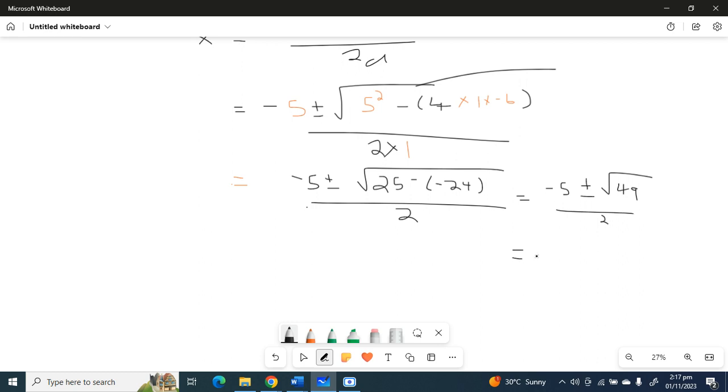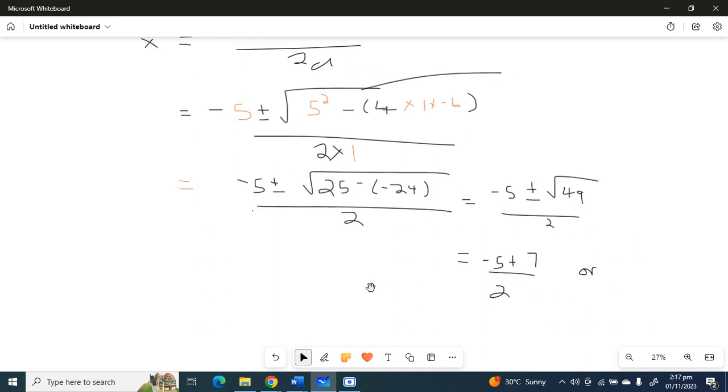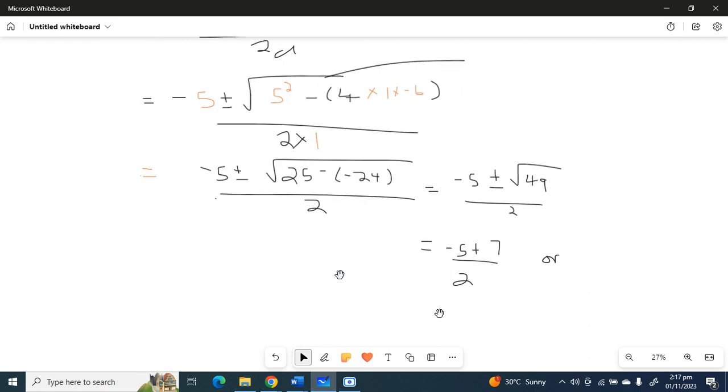The square root of 49 is 7, right? So you're going to say negative 5 plus 7 over 2, or, because remember, with quadratic equations you usually get two roots, negative 5 minus 7 over 2.